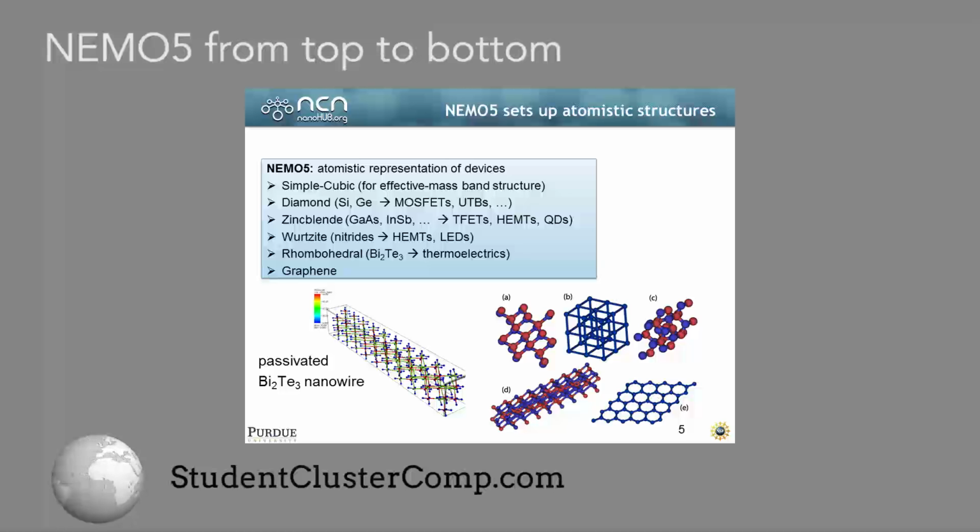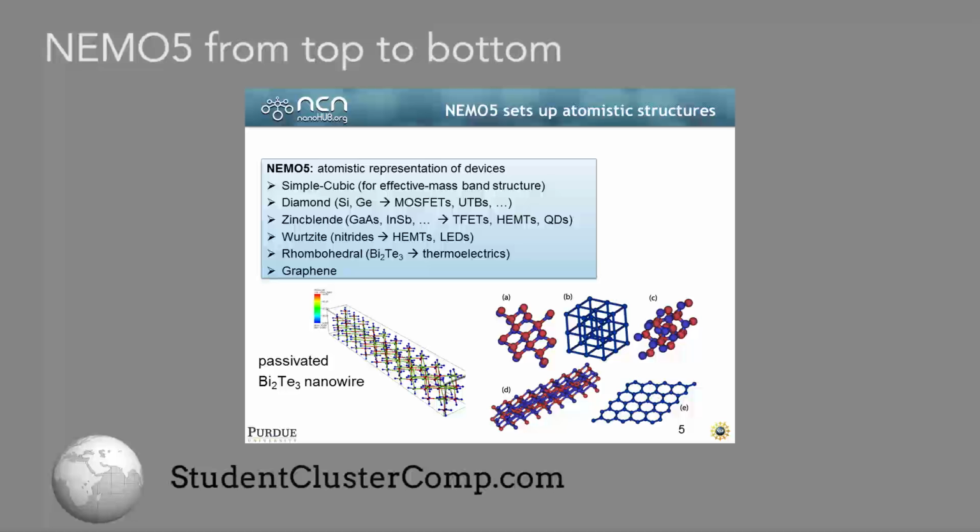The bismuth telluride wire here is an example of a topological insulator. People are interested in graphene. So this is what we have in the software now, but people can add. If there's a new crystal structure, we're doing work on nitrides, so we can add in more materials if we need to. This is a hell of a program.